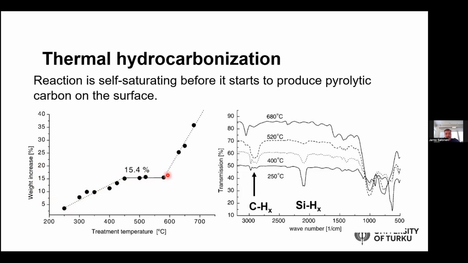But when you go above 600 degrees, there starts to be a production of pyrolytic carbon on the surface, and it just fills the pores. And in FTIR spectra, you can see how the silicon-hydrogen bonds disappear, and the carbon-hydrogen bond vibration increases here.